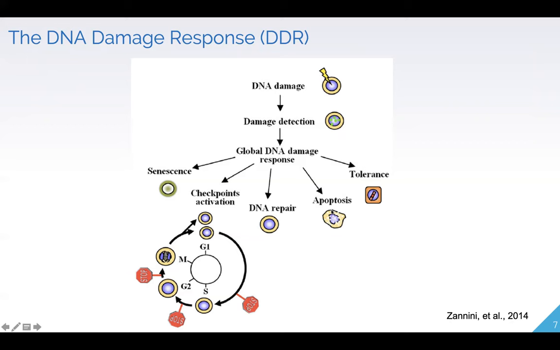If the damage is not very severe, for example in the case of UV-inflicted damage, cells can start what we call a tolerance program. We've already talked about translesion DNA synthesis, a quote-unquote repair program that is not necessarily able to repair the damage, but tolerates it so that the cells can maintain viability.